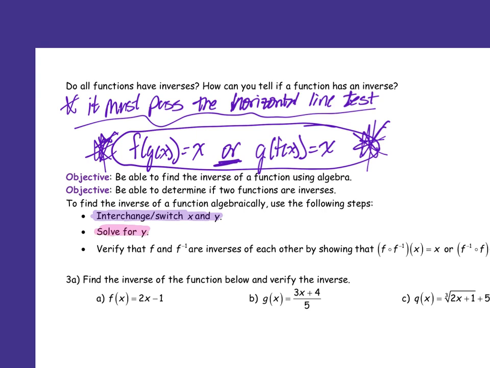And then, ready? This is hard. Solve for y. Okay? You guys have been doing that for a long time. Just solve for y. So I'm going to get the y by itself, adding, subtracting, multiplying, dividing, whatever I have to do to get the y by itself. And then the last step says verify that f and f inverse are inverses of each other by showing that if I put one inside the other, I get an x.